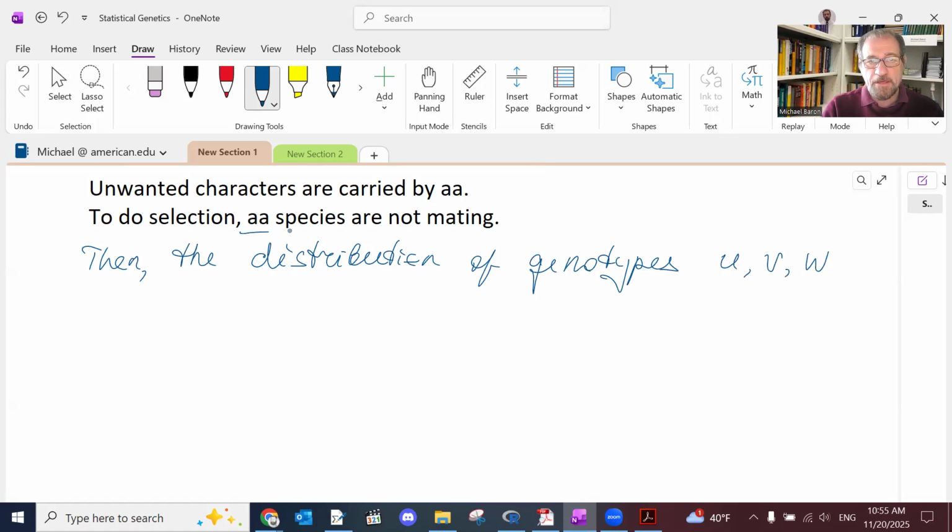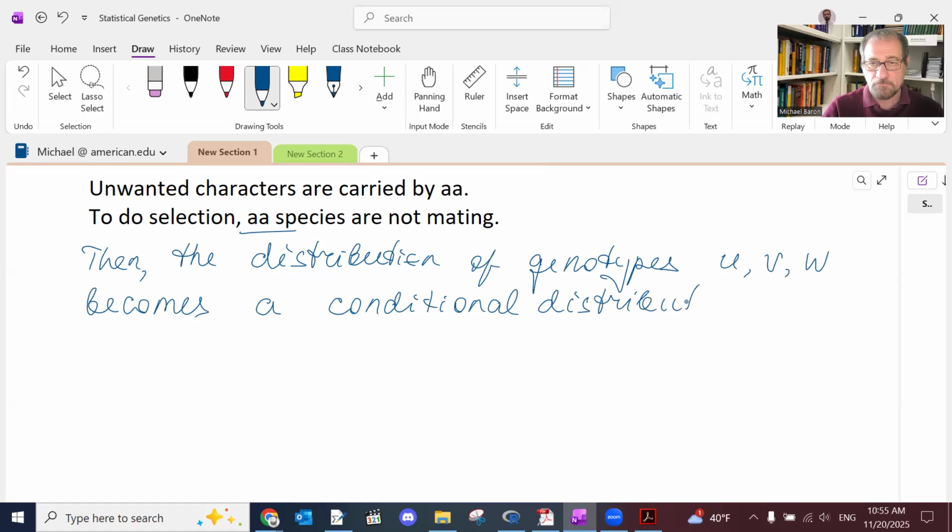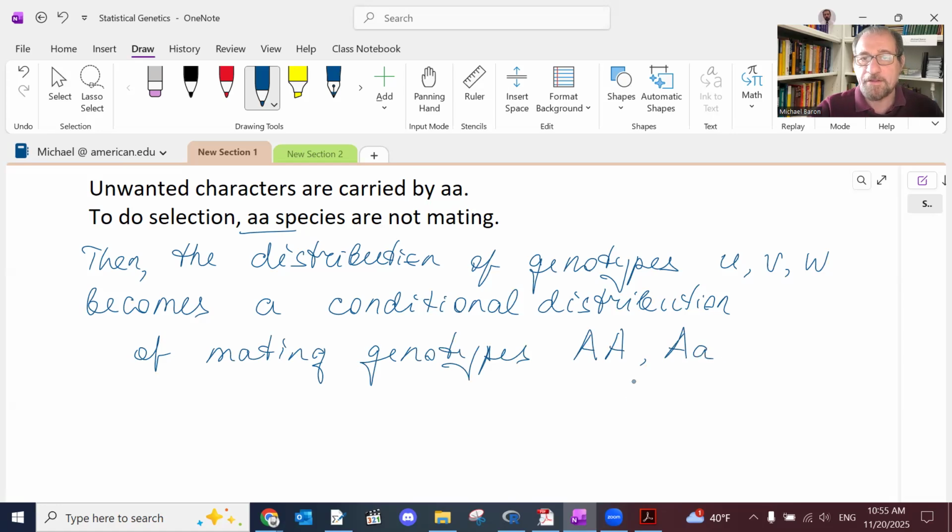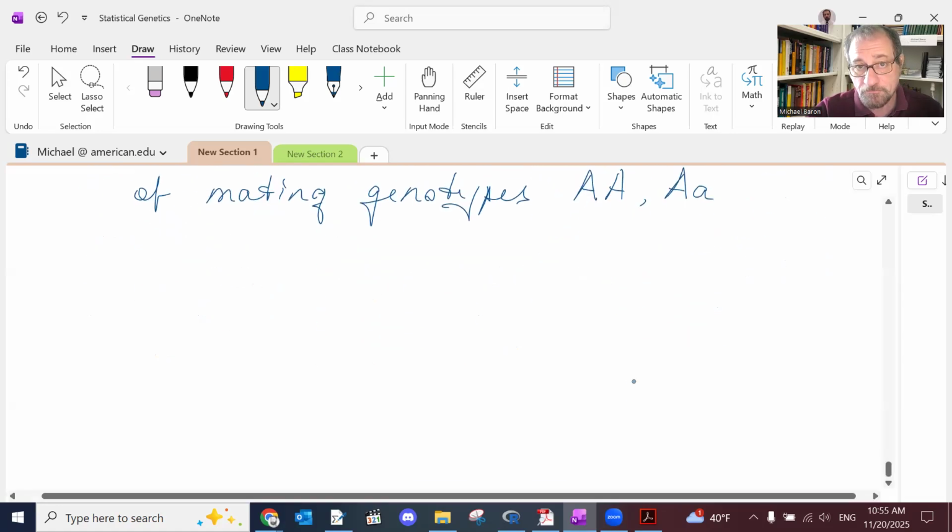Now, AA species are not mating, so it becomes a conditional distribution, right? We have a new condition that AA species don't mate. So it's a conditional distribution of mating genotypes. Only dominant homozygote and heterozygote are allowed to mate, right?